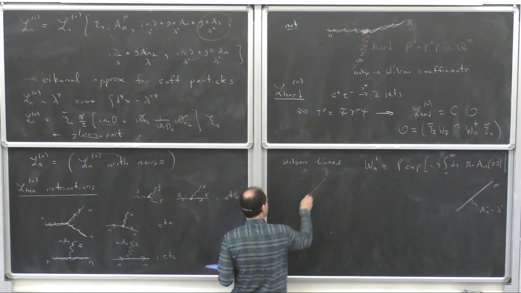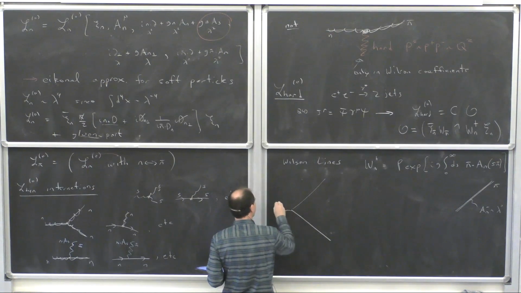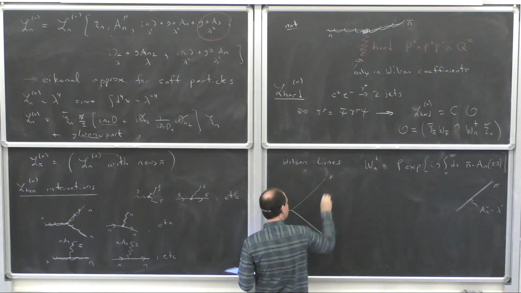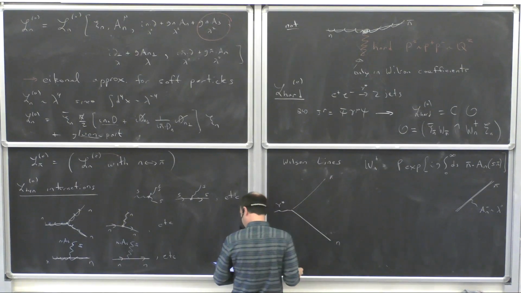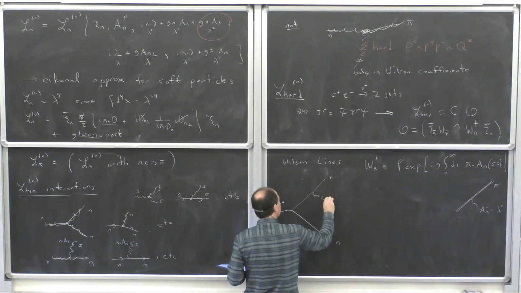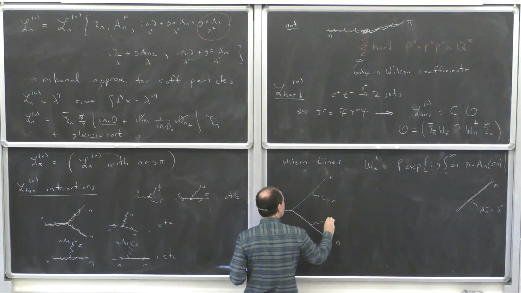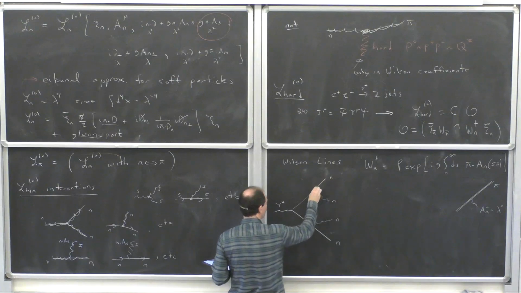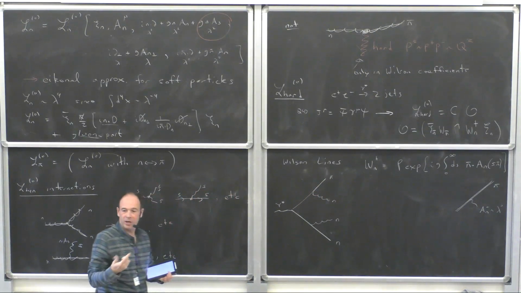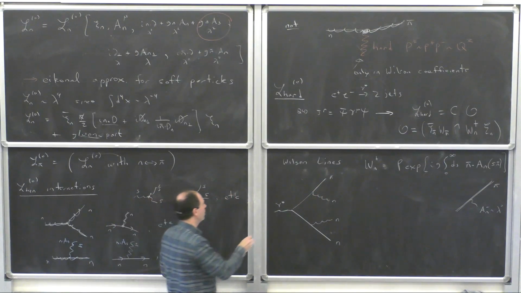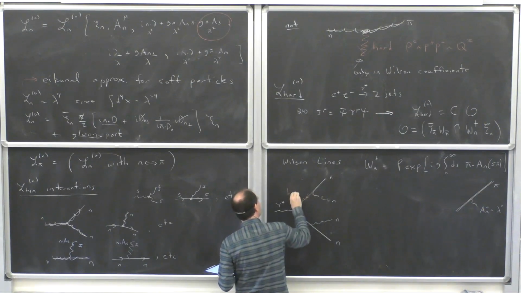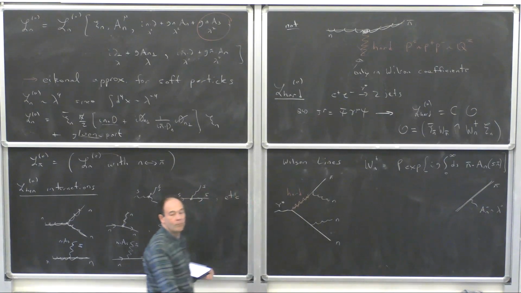So if we go back to the process that we're talking about with the virtual photon producing these, I put the n bar up here this time. If I think about attaching some n-collinear gluons to this process, where this is n bar, remember that if n bar and n come together, it becomes hard, right? So in this type of picture, this would be hard. This is fine.